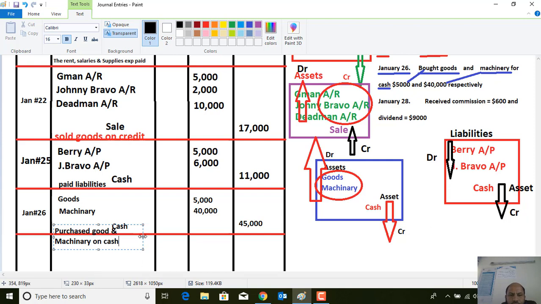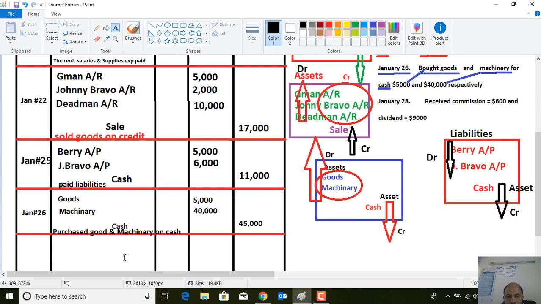So simply we may write down the description. Dear students, keep in mind, do not write down your description in the ledger column. But now, because of shortage of time, I have extracted it towards the ledger column. So purchased goods and machinery on cash or through cash. So we have recorded this transaction.